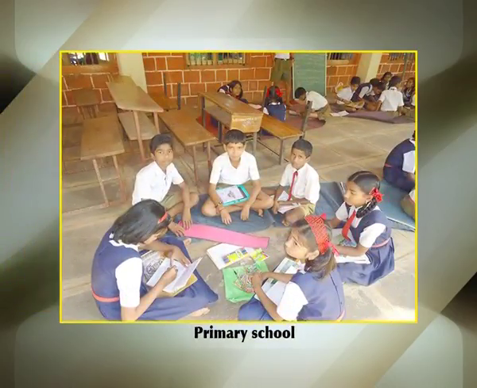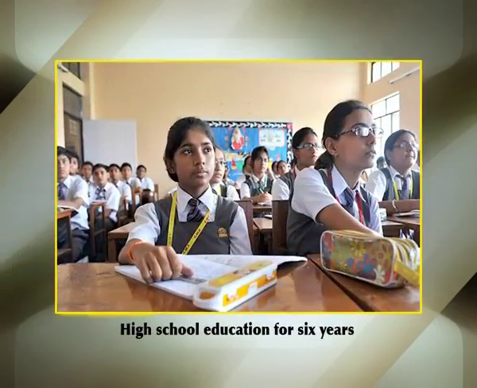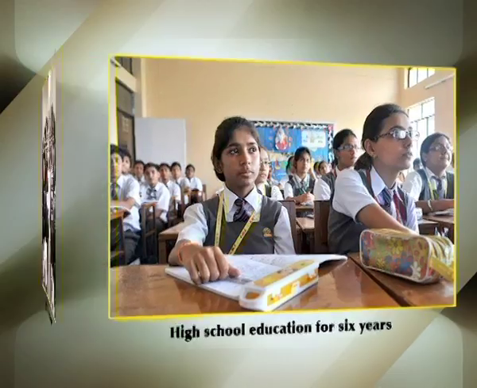Pre-primary education for children between 3 to 6 years of age; universal, compulsory and free primary or basic education for all children between the ages 6 to 11 and 11 to 14. High school education for 6 years for selected children between the years 11 to 17.